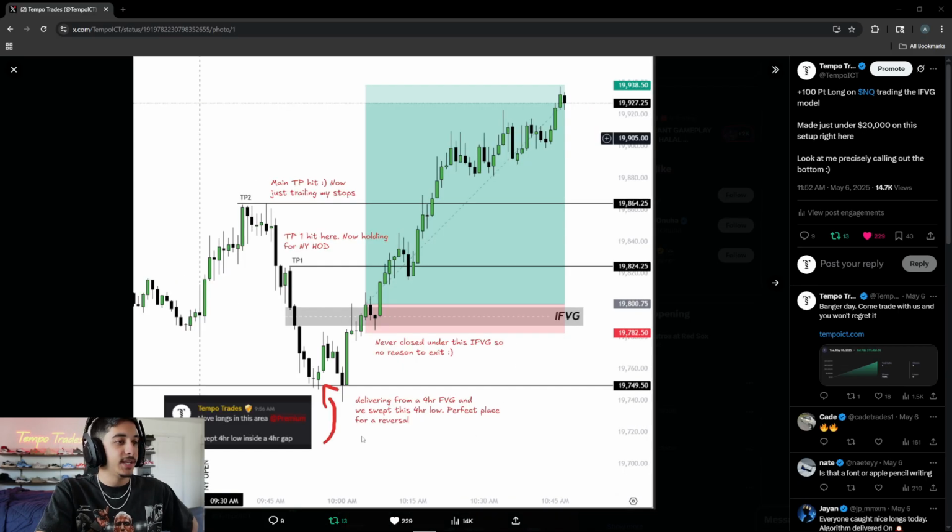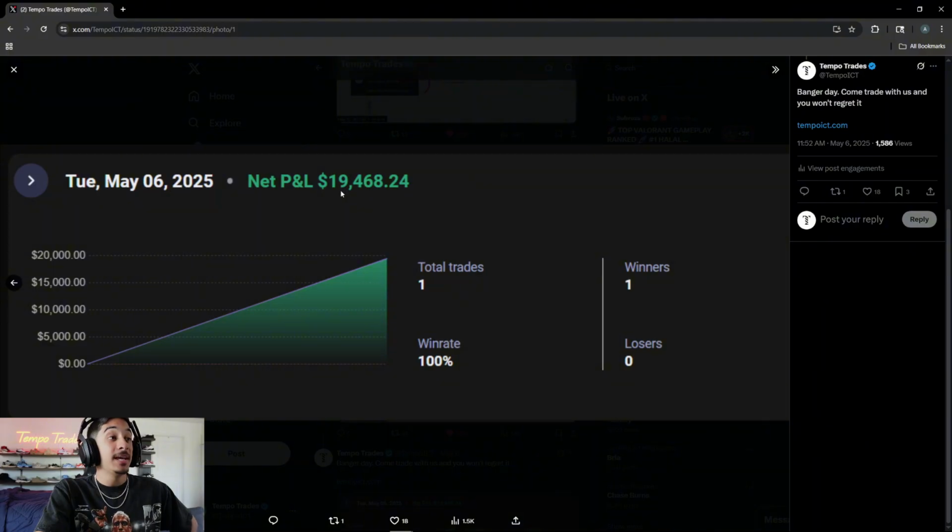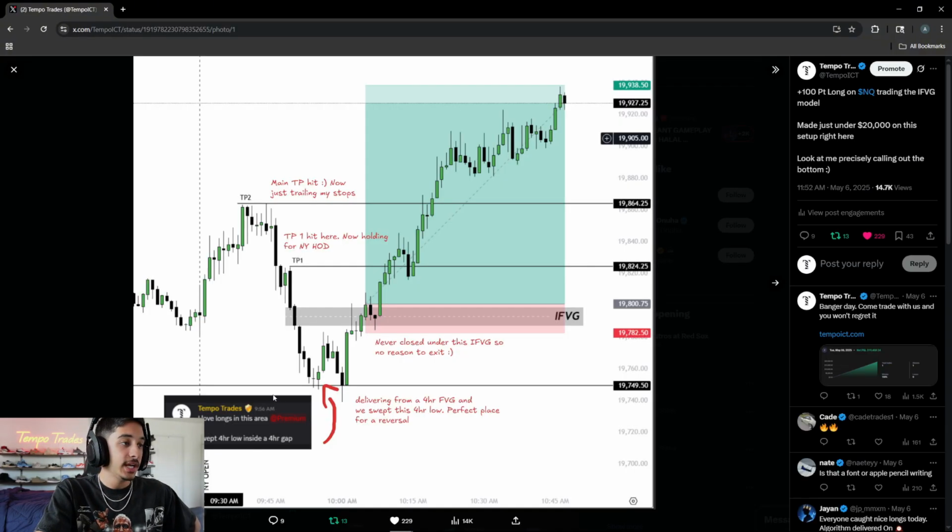All right, and here is setup number 2 coming in on the very next day. I made $19,468 on this trade, and I also called this trade out live in my private community. I said I love the longs in this area before we even got the entry, but you can see here this level I marked out at 19,749. That is a 4-hour low.